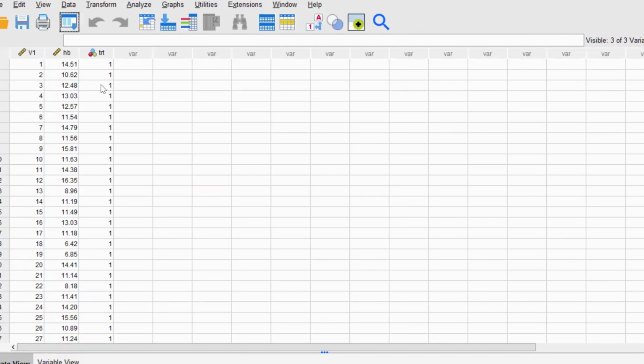Looking at this data set, 1 would represent the group that received the iron supplementation, while 0, as you scroll down, would represent those that did not. Then this is the HB level of all the participants.